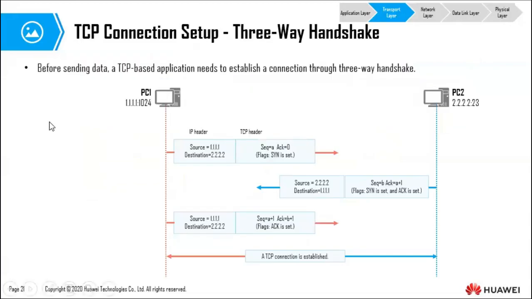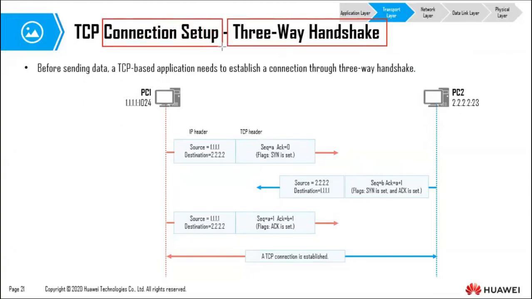Okay, TCP connection setup, the three-way handshake. This is a very important concept, the TCP three-way handshake. The TCP three-way handshake is used to set up the TCP connection between two computers.